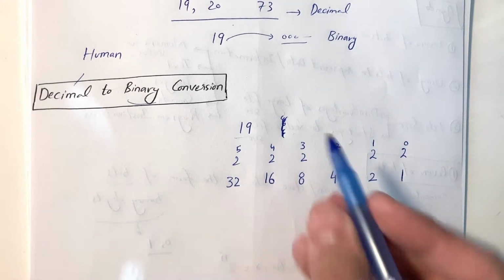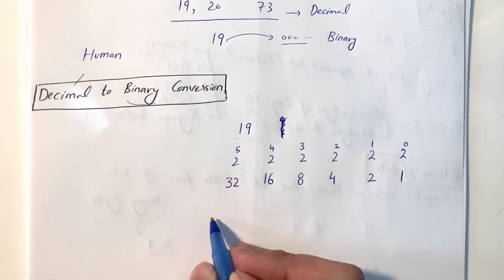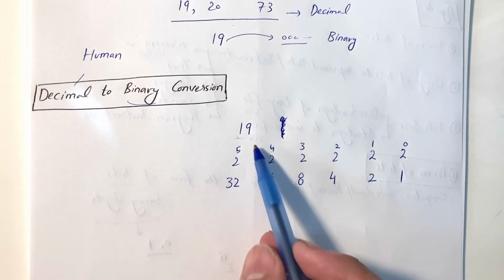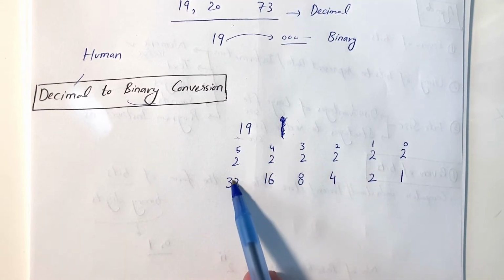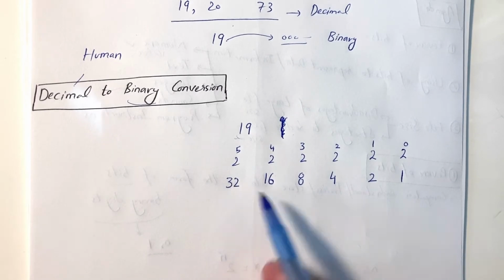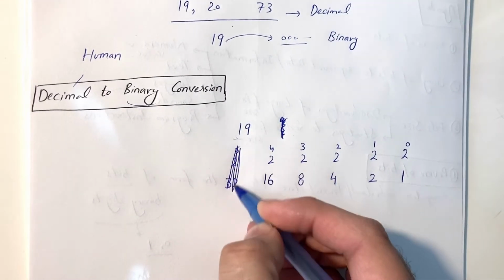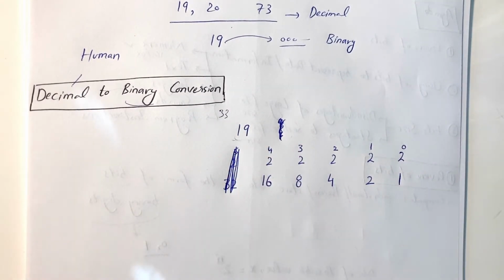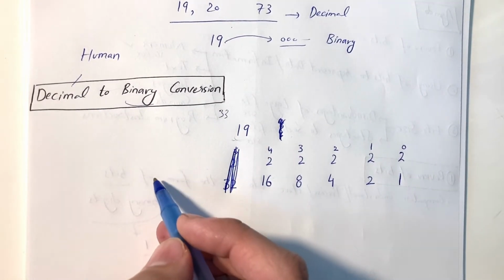Now, since the number is 19, which is smaller than 32, we don't need this bit. If the number were 33, then of course we would need it, but we wouldn't need the next one, 64.